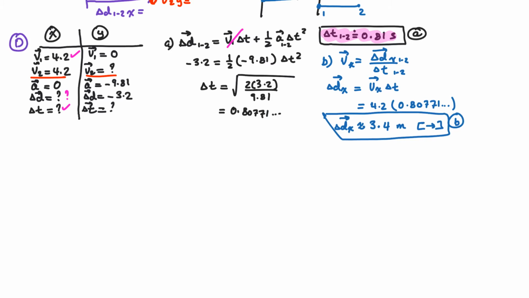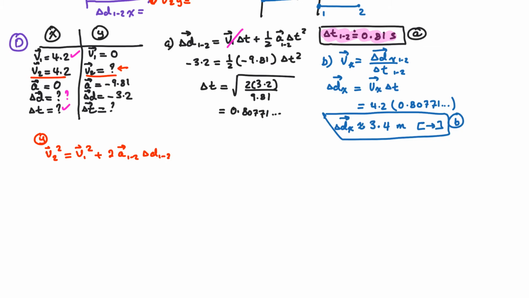The equation that I'm going to use to find this is going to be in the y direction. v2 squared is going to equal v1 squared. So final velocity squared is equal to initial velocity squared plus 2 multiplied by the acceleration from 1 to 2 multiplied by the displacement from 1 to 2.